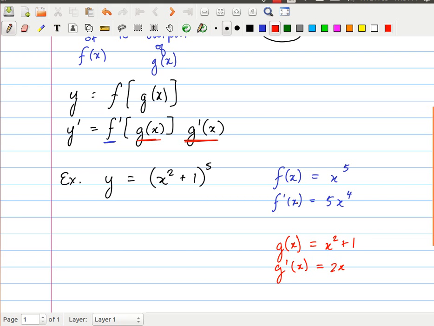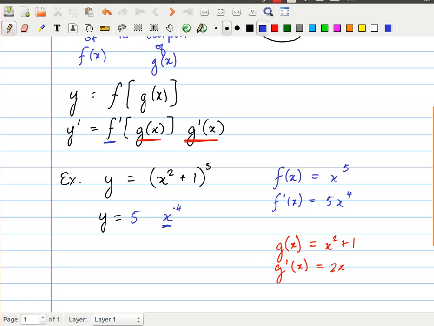So now that I know what f prime of x is and what g prime of x is, the way this is going to work itself out is I end up with y prime equal to f prime of g of x. So first of all, let's look at f prime. F prime is 5x to the power 4. So I'm going to write that as 5. Now, I would normally write this as x to the power 4. But it's not just x to the power 4. Wherever I see an x here, I have to replace it with g of x.